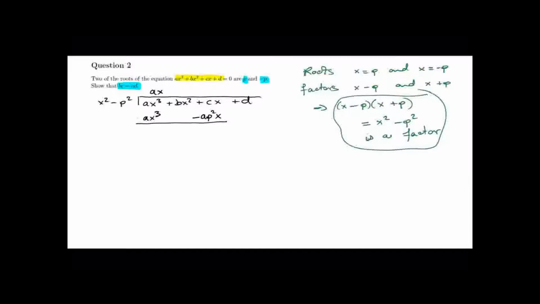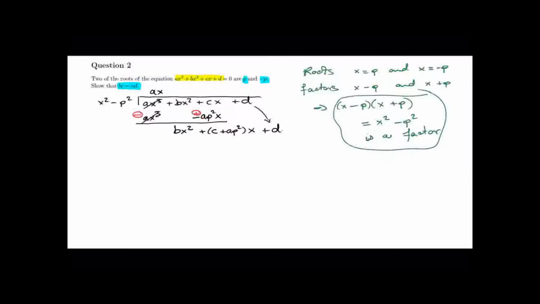Now to cancel the x cubes, I need to change the signs on the bottom line, so that plus will become minus, which means that that minus will become plus. Now automatically that means that my x cubes disappear, and I'm left with bx squared, and then I'm left with c plus ap squared multiplied by x, and then obviously we have plus d.